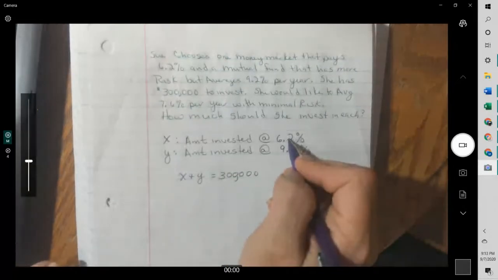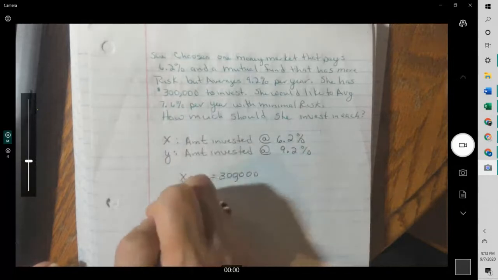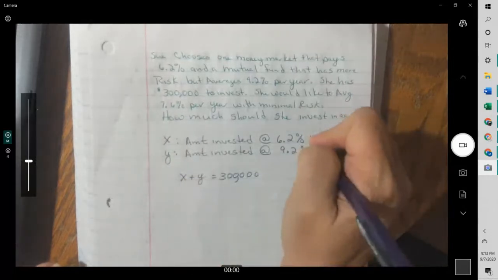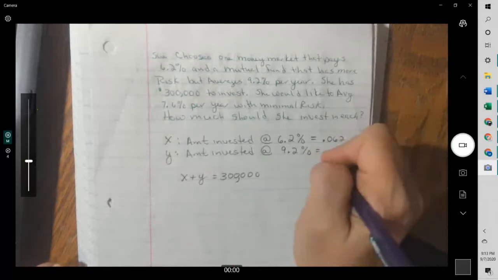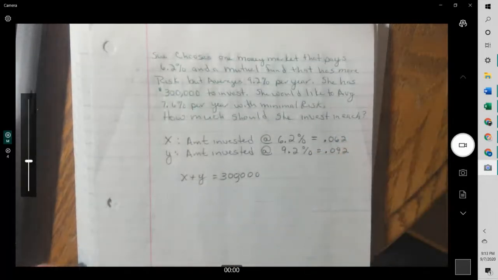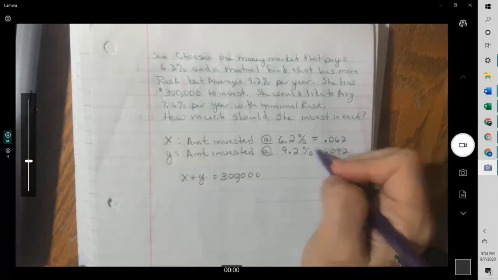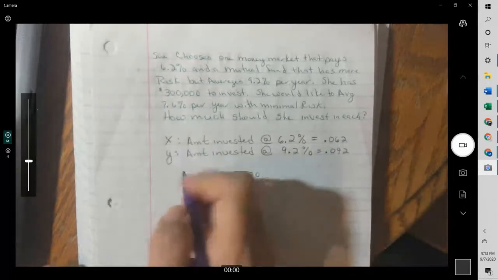And we know we're getting 6.2% of this one. When you're using equations and you're plugging these in, remember they need to be the rate and not the percent. So the 6.2% goes with x.